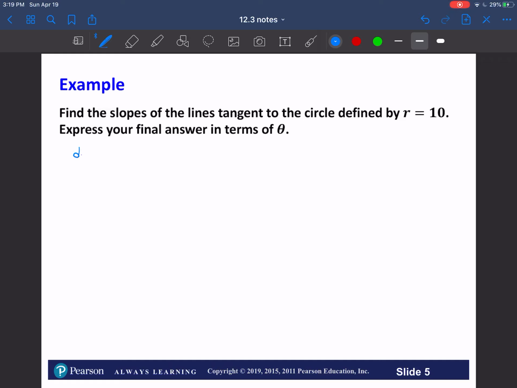We know that dy by dx, the slope of our tangent lines, is equal to f prime of theta sine of theta plus f of theta cosine theta, divided by f prime of theta cosine theta minus f of theta sine theta.